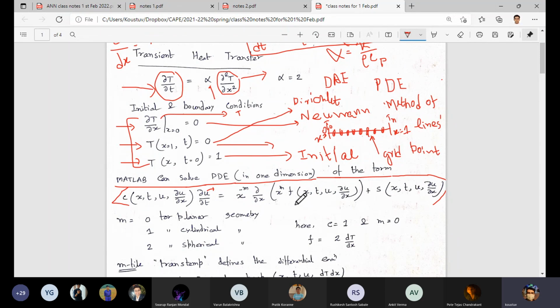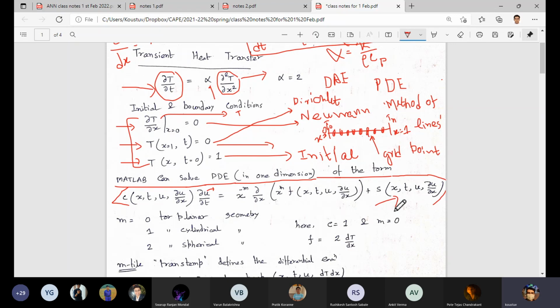As I said, f could be a function of x, t, u, or del u del x. Here it is 2 dt dx, and outside there is also a del x term, to make it del square t del x square, plus s. So s you can consider as an additional heat generation term, if it is there in the system, for example in an unsteady state heat transfer problem where heat is generated in the wall or some heat source comes from outside.